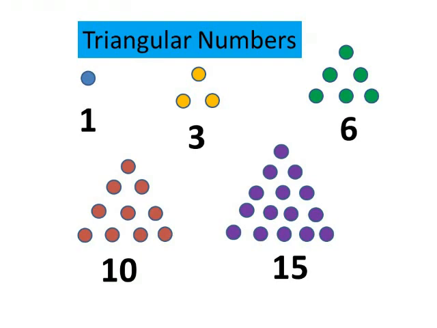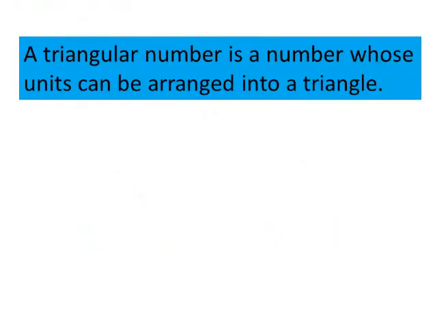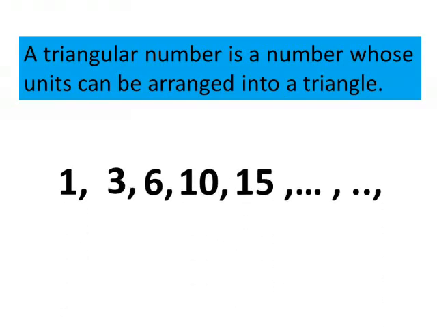So, a triangular number is a number whose units can be arranged into a triangle. Therefore, the numbers 1, 3, 6, 10, 15 and so on are triangular numbers, and it can be extended infinitely.